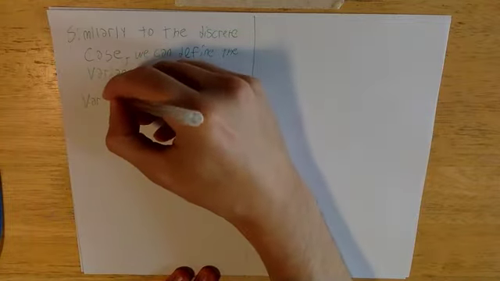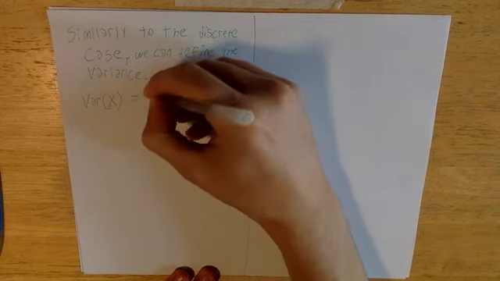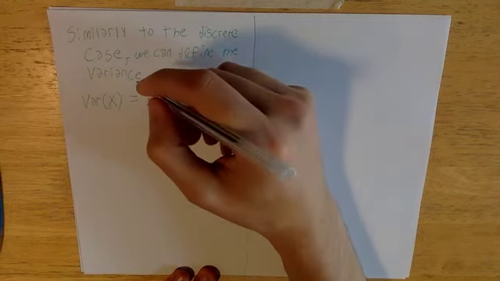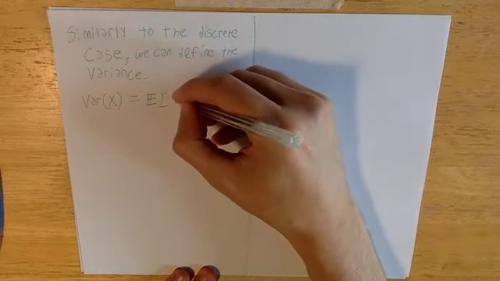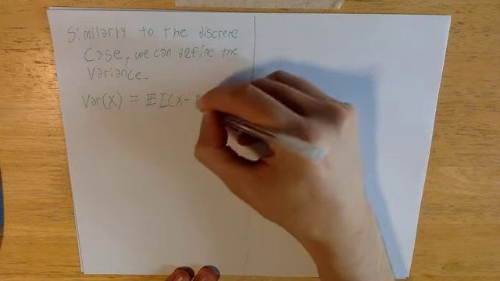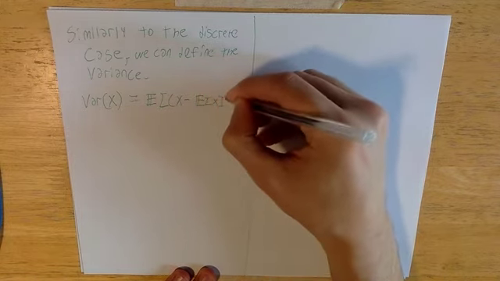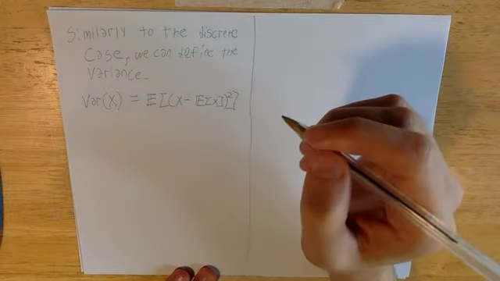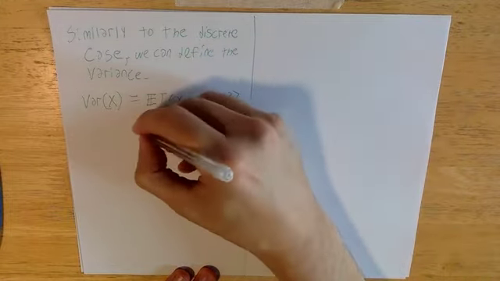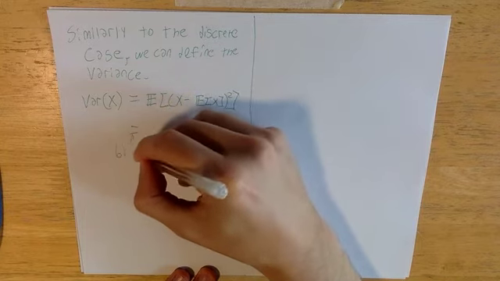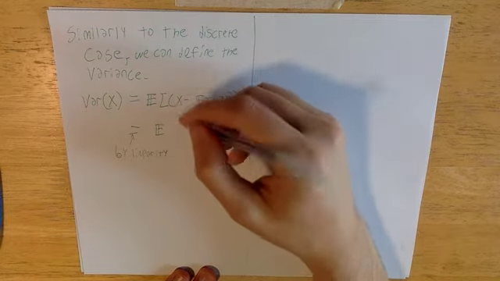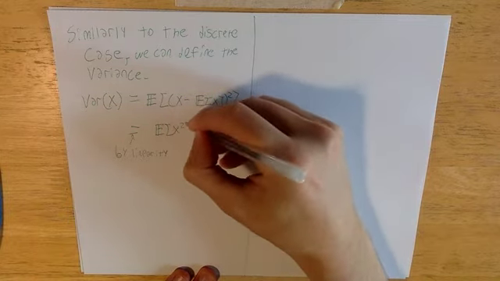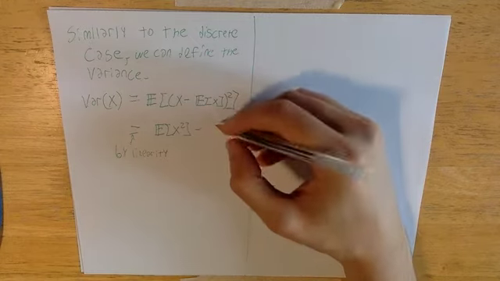The variance of X is the expectation of X minus E of X squared, which again by linearity is equal to the expectation of X squared minus the expectation of X squared.